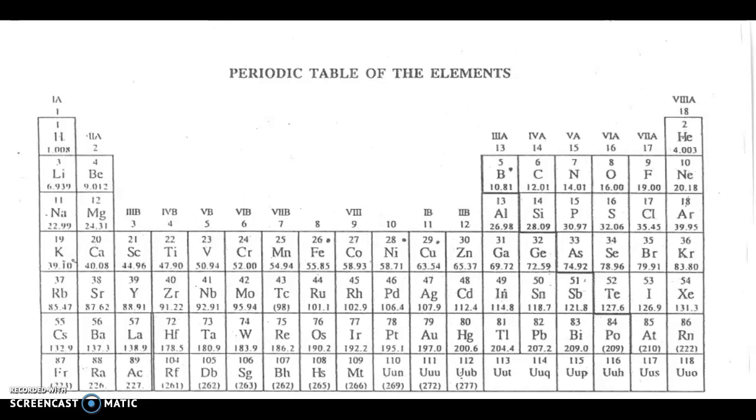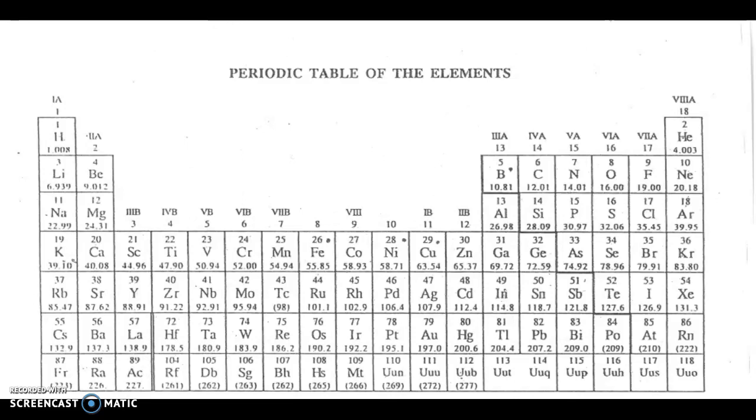Lithium has 3 electrons in its natural state. But lithium, the cation, will lose an electron to become just like helium. Notice how helium has 2 electrons. So lithium has 3, but lithium will become Li+1 to be just like helium. Look at sodium here.